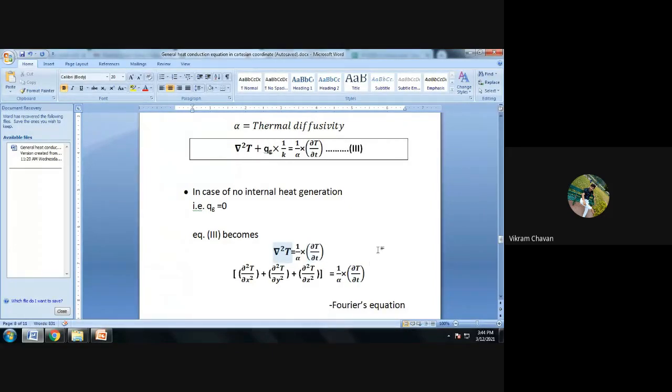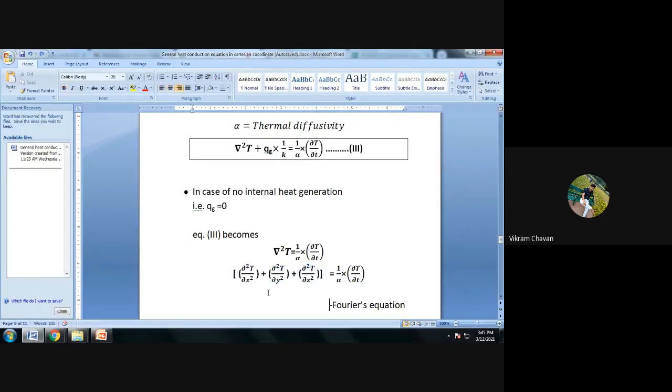Getting everyone? And once we expand this del square T in the normal format, or remove the del operator from this equation, we will get the generalized equation without the del operator.